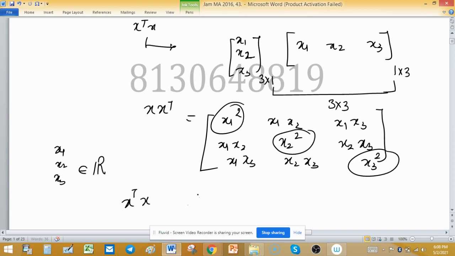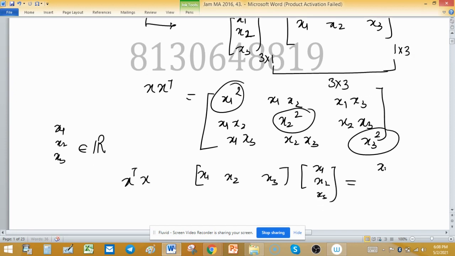It is x1 x2 x3 and x is x1 x2 x3. So the resultant will be x1 square plus x2 square plus x3 square. This is a matrix and this is a 1 by 1 matrix. So this is a number, this is a real number.